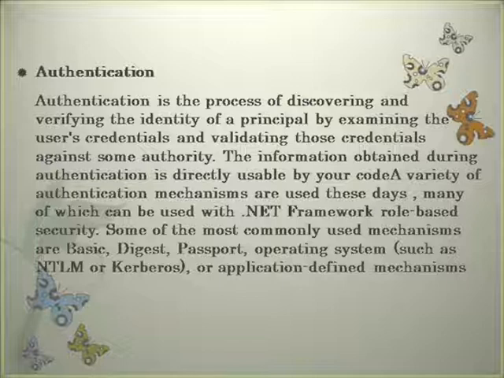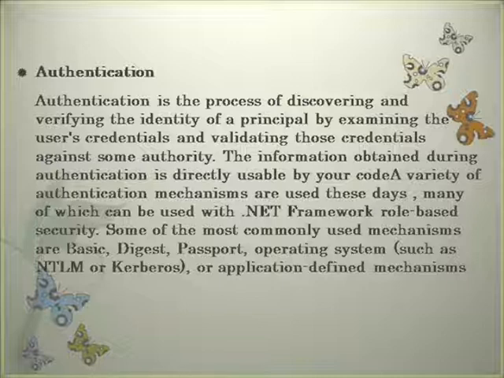The information obtained during authentication is directly usable by your code. A variety of authentication mechanisms are used these days, many of which can be used with .NET Framework role-based security.